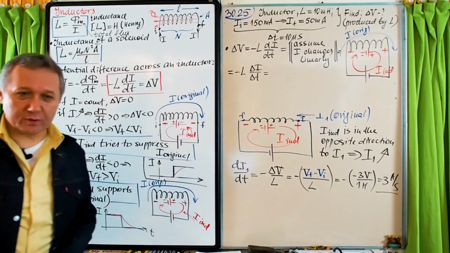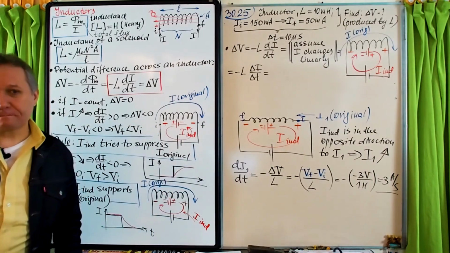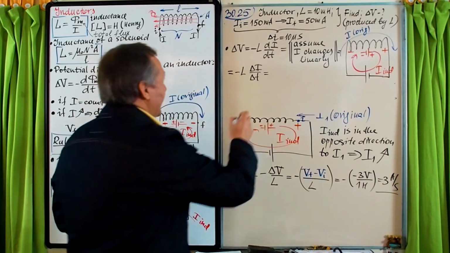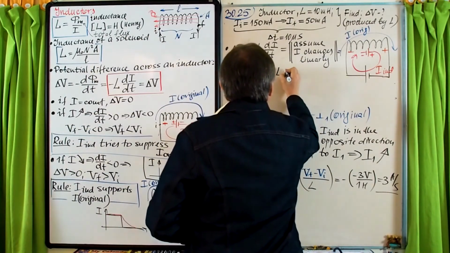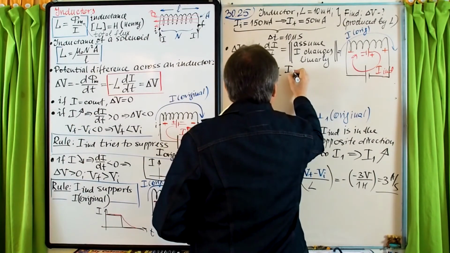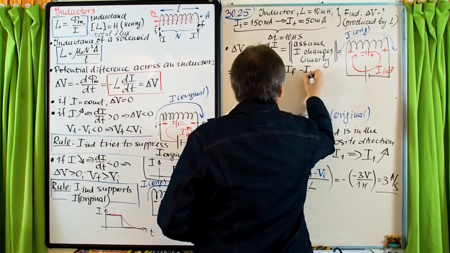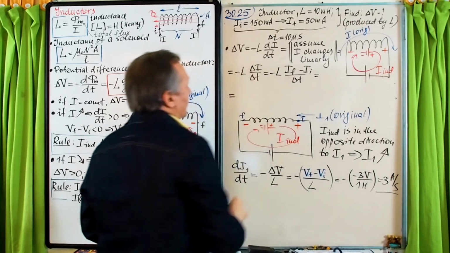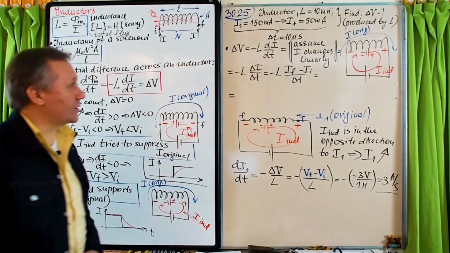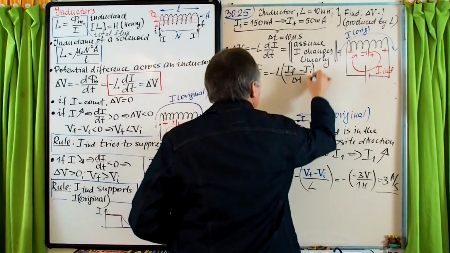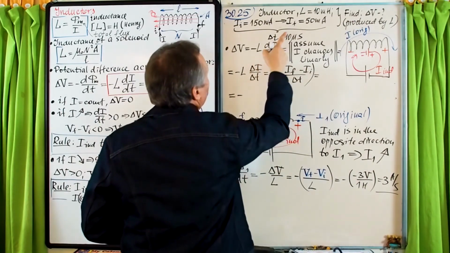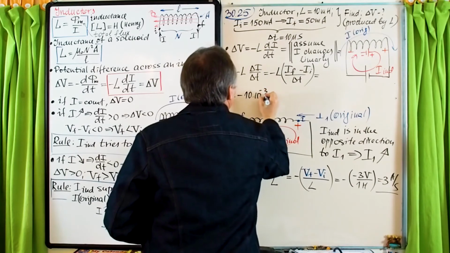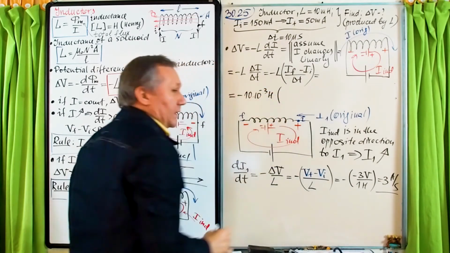Okay. So now after this additional piece of information, we can just plug in the numbers. It will be minus L, and of course delta I is I final minus I initial, divided by delta t. Now let me plug in numbers. Probably I should put brackets to make it look better. So L is 10 times 10 to the power of minus 3 henry inductance.